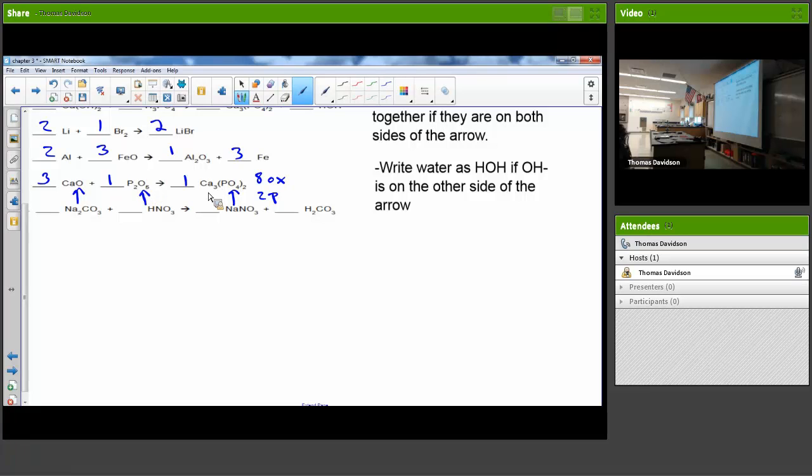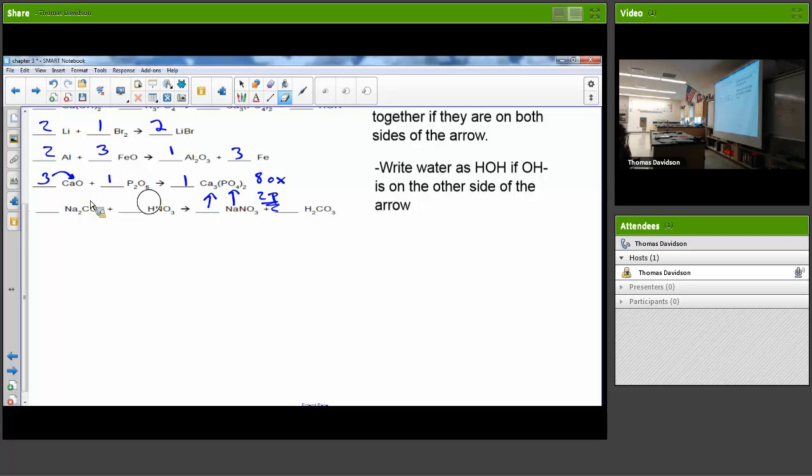You have your 3 calciums, which is actually where I start, hands down every time, but that doesn't follow what I say specifically. To fix 8 oxygens and you have 2 phosphorus, you already have 2 phosphorus, so you don't want to change that. To make 8 oxygens, you just need 3 here, because then you have 3 plus 5 more, and that makes your 8.